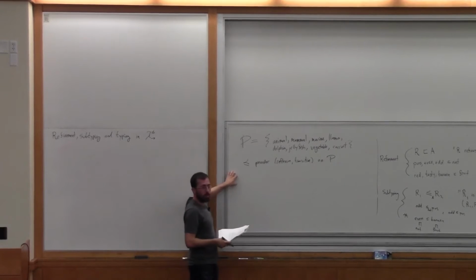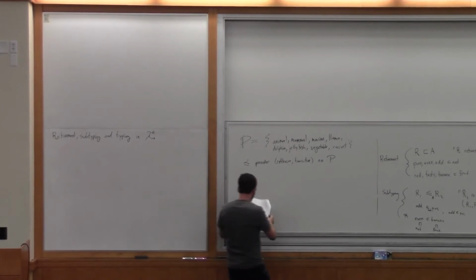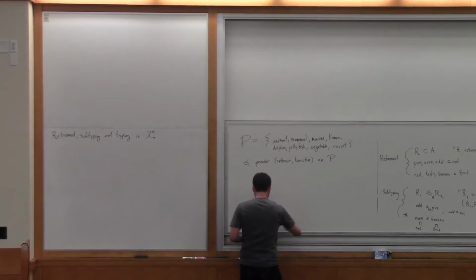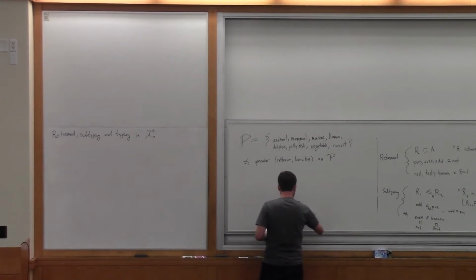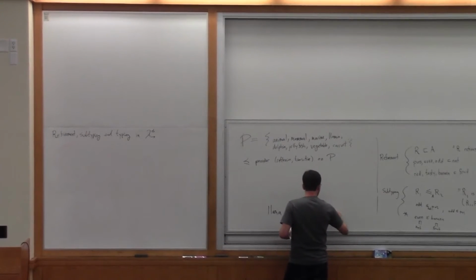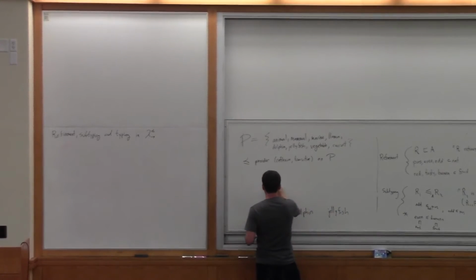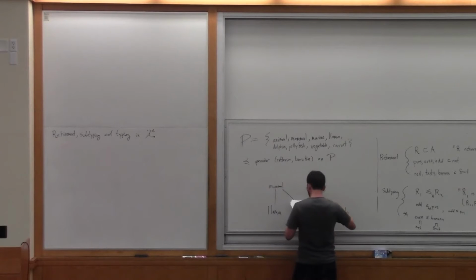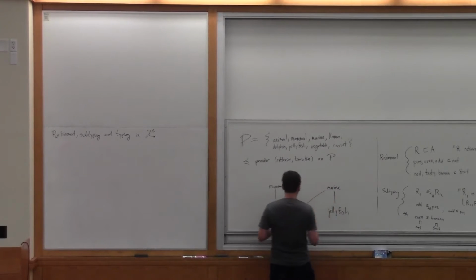I'll give you an example. I'm drawing a Hasse diagram. So there are the implications going up along the lines.